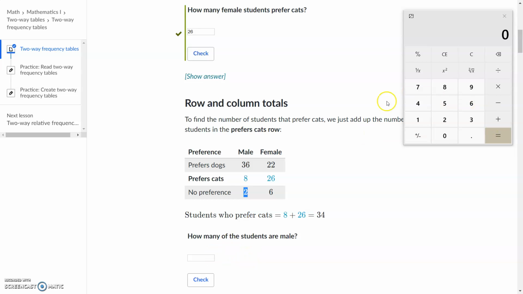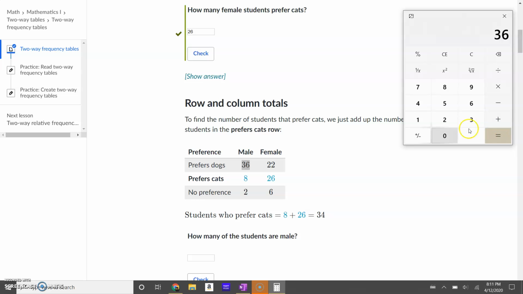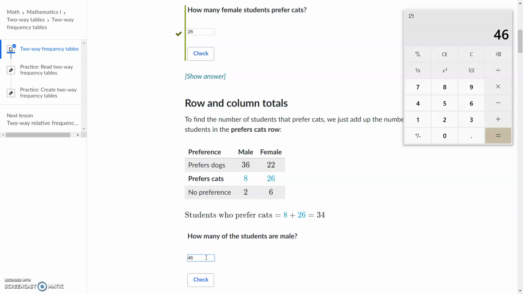So we want to add those together. So we've got our calculator up here. So I'm going to add 36 plus 8 plus 2, and that gives us 46 students that are male. So we added the whole column up here, 36 plus 8 plus 2, to answer this question, how many of the students are male?